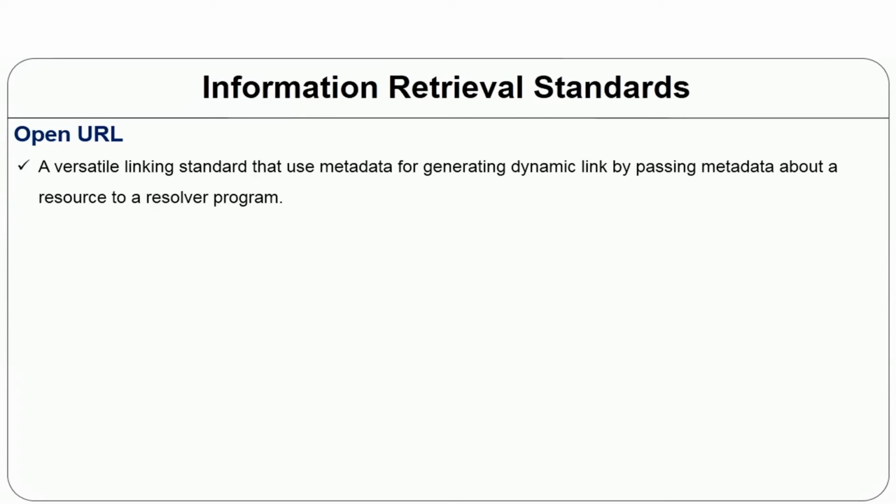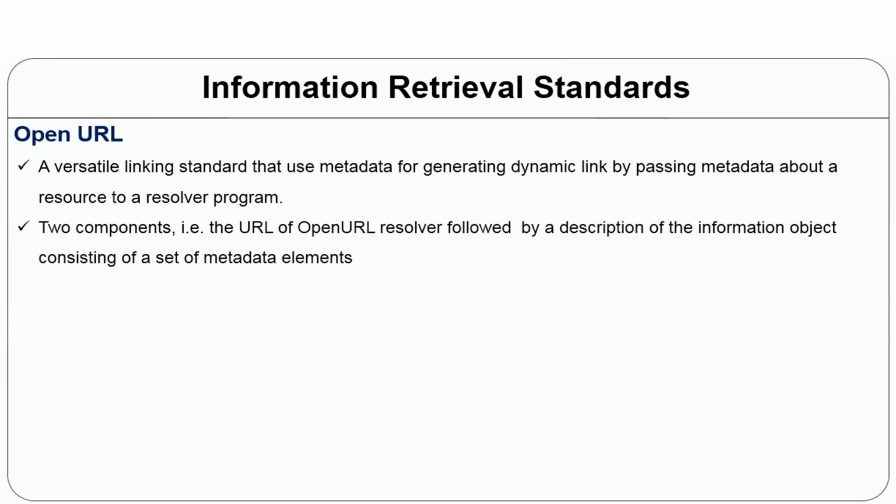But OpenURL links use metadata for generating a dynamic link and passing metadata about the resource to a resolver program. It has two components: one is the URL of the OpenURL resolver, followed by a description of the information object consisting of a set of metadata elements. So it will have a URL and whatever metadata it has. These two are joined together, and that is the OpenURL.